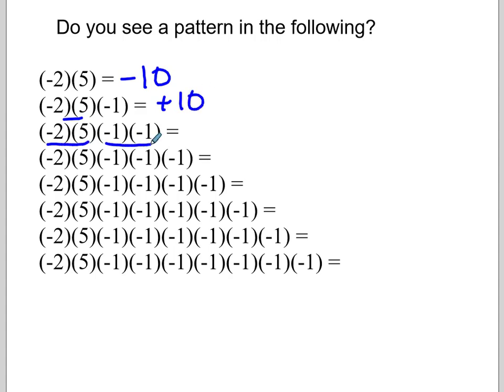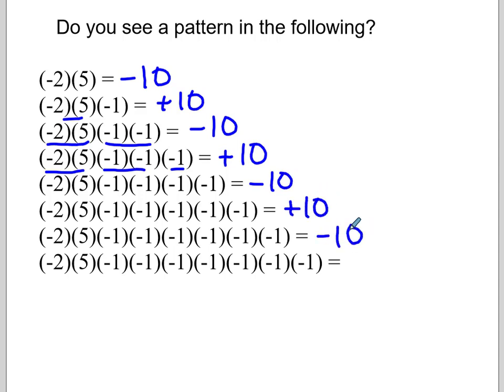These two multiplied together would give me positive 1. I'm back to a negative 10. This is a negative 10, this is a positive 1, this is a negative 1. Then if I repeat and go through, and I'm not going to explain them all, we start to see this pattern.